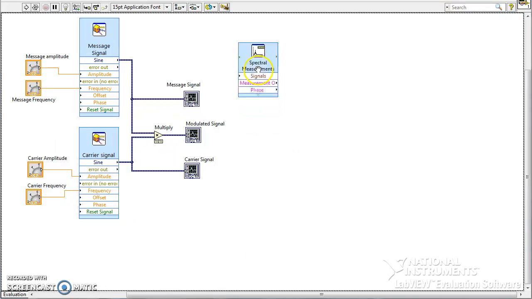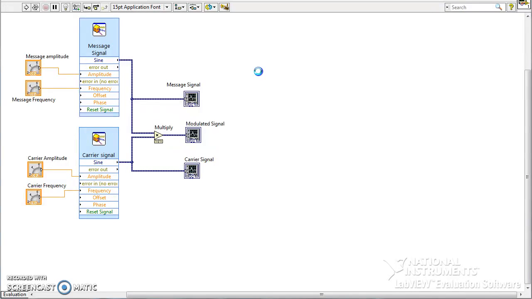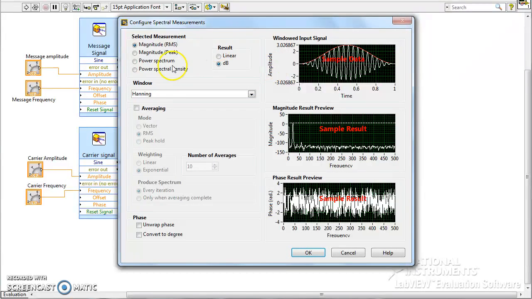Place it over here. As soon as you open that block, you will have the magnitude versus frequency plot, and the amplitude versus time plot, which we have seen previously with the waveform.